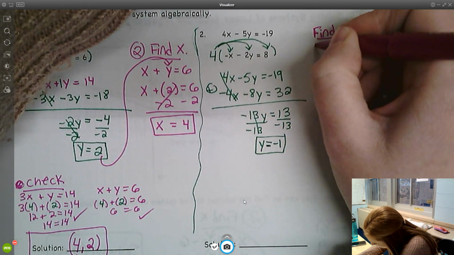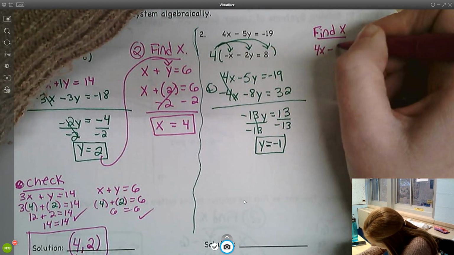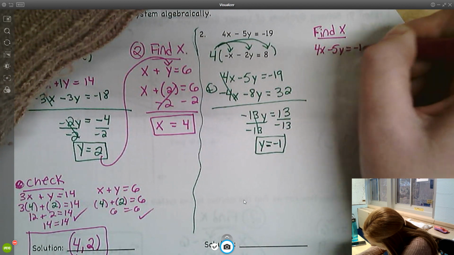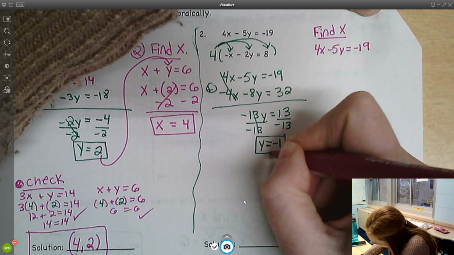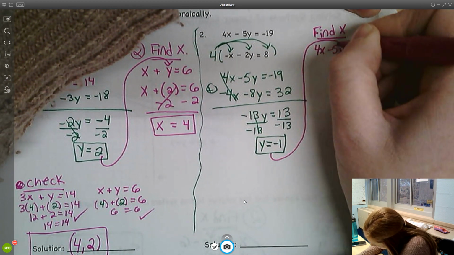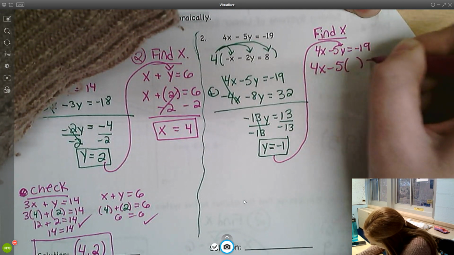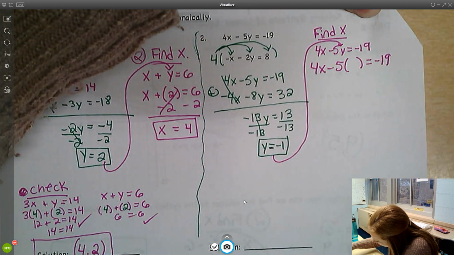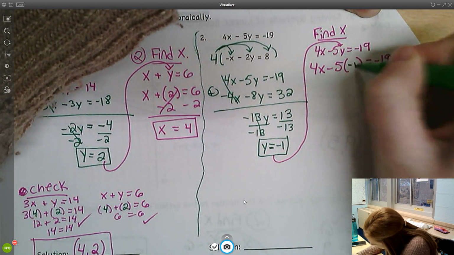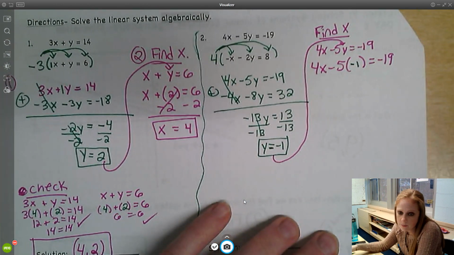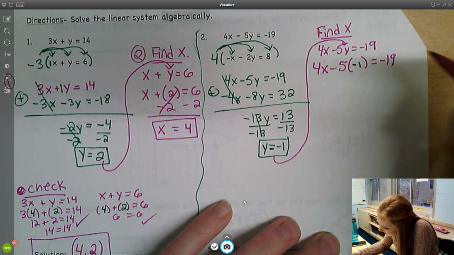So let's see, I'm just going to use the first one. 4x minus 5y equals negative 19. I'm going to plug in my negative 1 for y. So we have 4x minus 5 times negative 1, because that's what y is, equals negative 19. And let's solve for x.